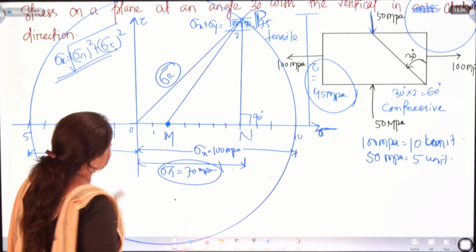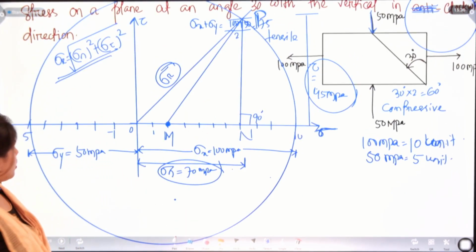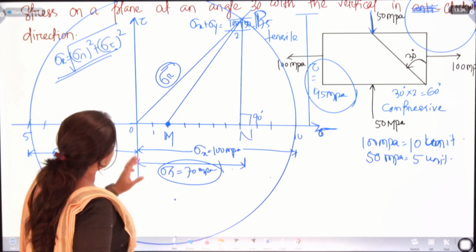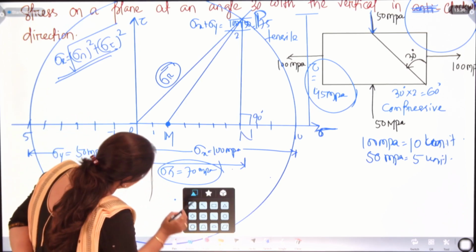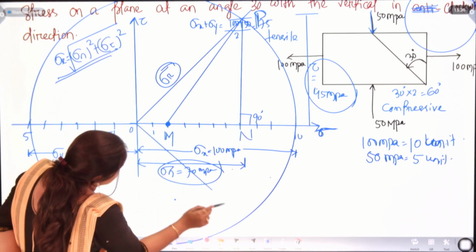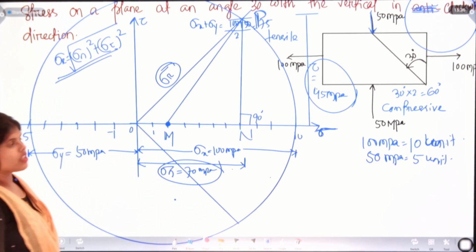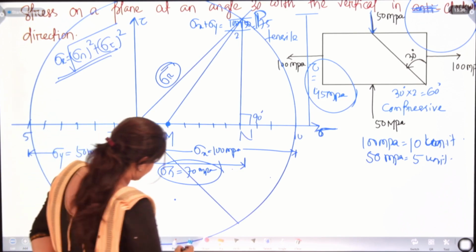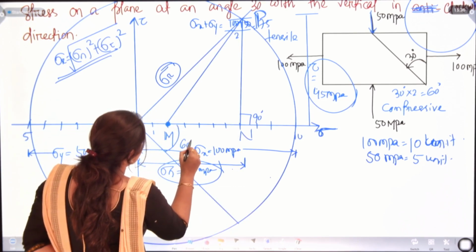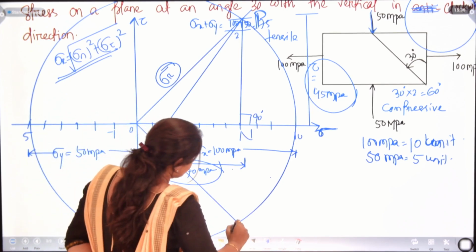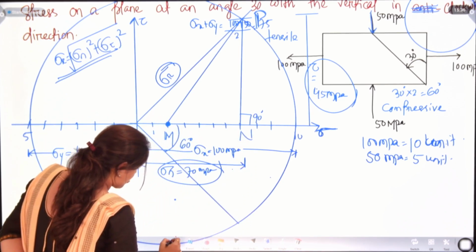Here we will draw this Mohr circle and our angle will be in this manner, like this, in case the direction is clockwise. It will be your 60° and you will draw the perpendicular from this.